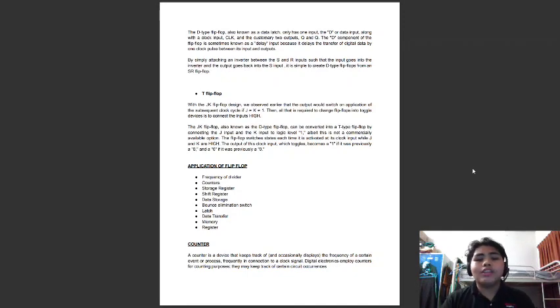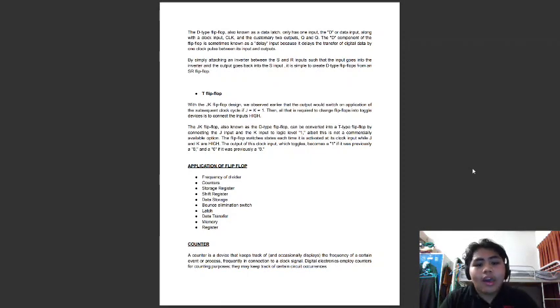The output toggles, becoming a 1 if it was previously a 0 and a 0 if it was previously a 1. So Q is the main output for this T flip-flop.